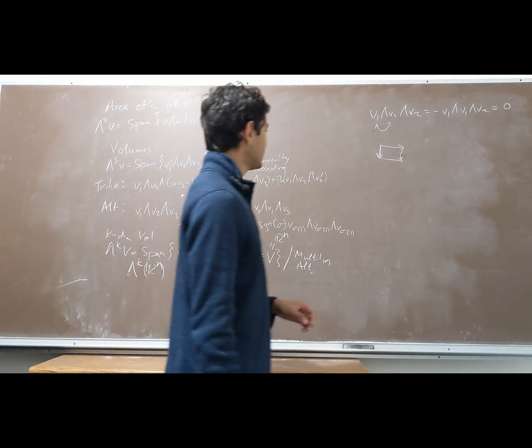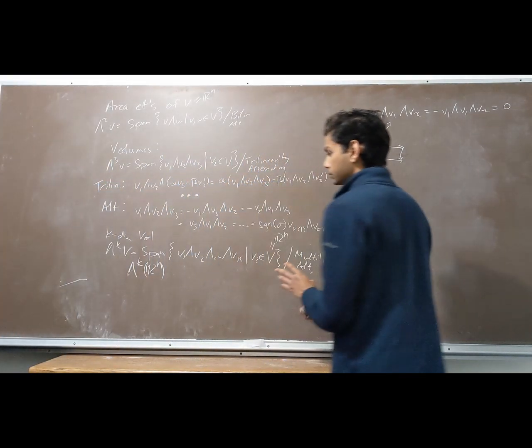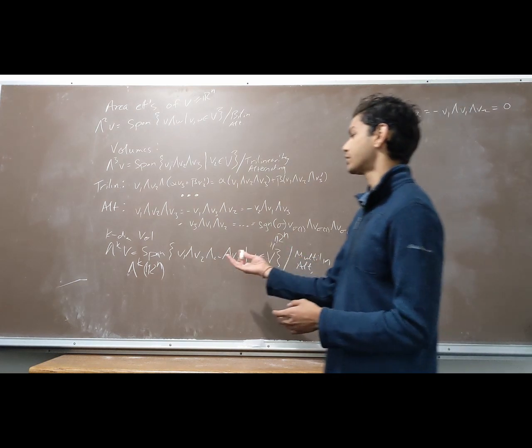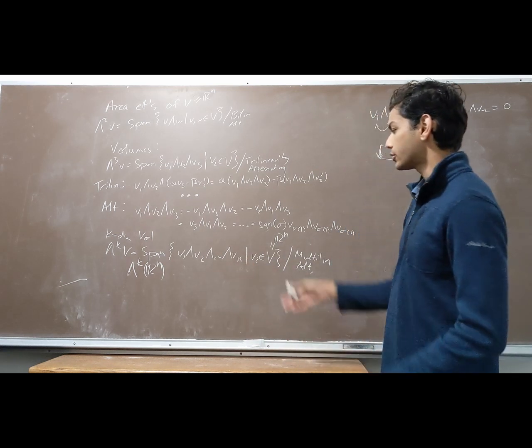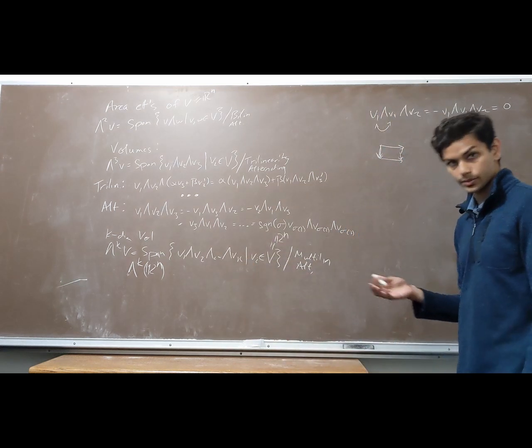The second thing that you should do is, we have this more abstract definition of lambda k V as the span of these guys. And so this is a vector space, and as a vector space, we should probably determine its dimension.